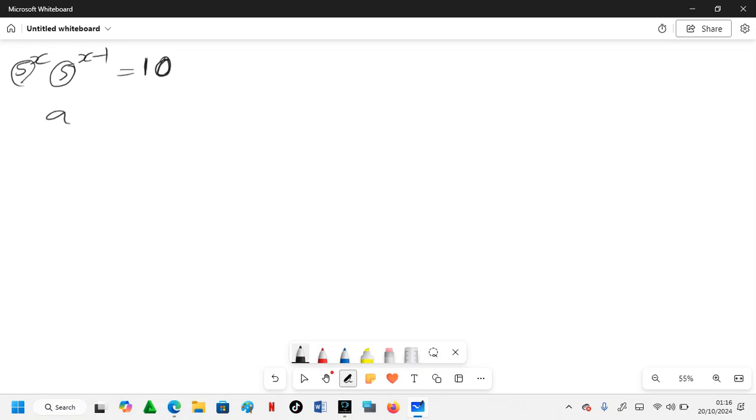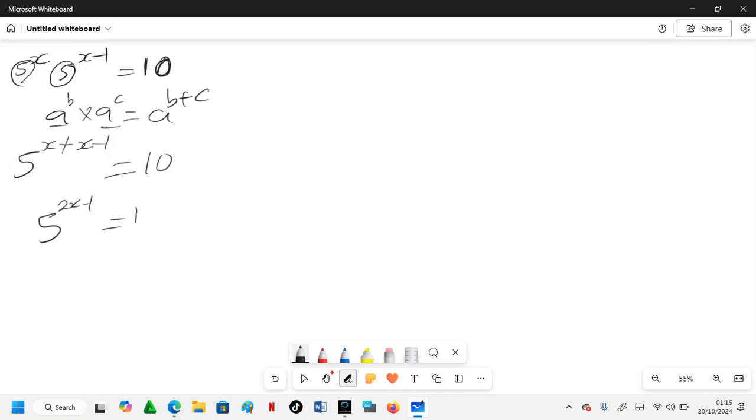And this is the law that we're going to use: a to the power b times a to the power c. The base is the same, so you just add the powers. So 5 to the power x plus x minus 1 is equal to 10. So this one is going to be 5 to the power 2x minus 1 is equal to 10.